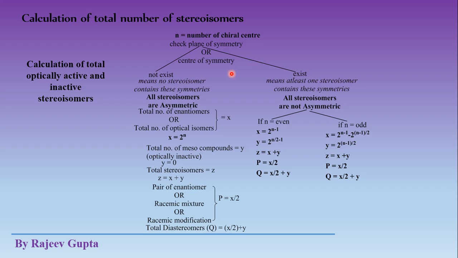Based on symmetry we can divide these types of molecules, which have more than one chiral center, into symmetric or asymmetric.